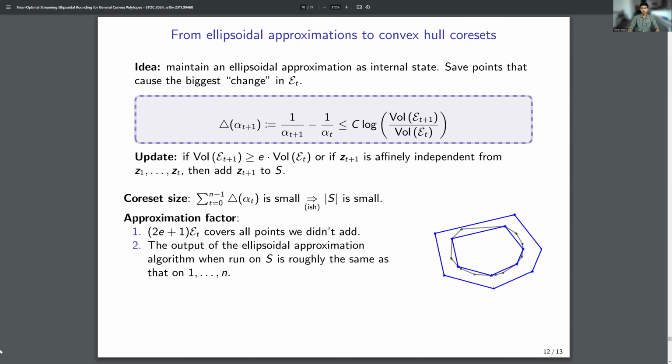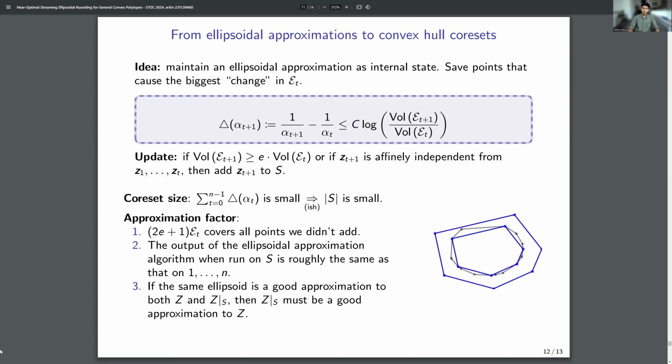Which then means that the output of the ellipsoidal approximation algorithm, if you ran it on just a subset, looks pretty similar to what you would have gotten had you run it on all the points from 1 through n. And then if the same ellipsoid is a decent approximation to both z and z restricted onto S, then you can use this to show that z restricted onto S must be a decent approximation to z itself. So translating all of this intuition into math will give a working analysis.